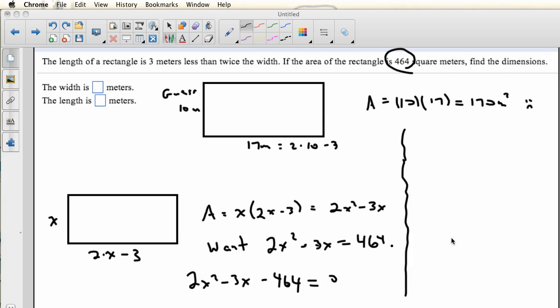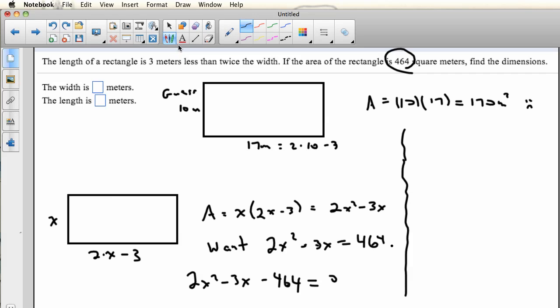So according to the quadratic formula, the solution for x here is going to be minus b, so the opposite of b. b is negative 3 in this equation, plus or minus square root, so I don't run out of room here. b squared, negative 3 squared is 9.